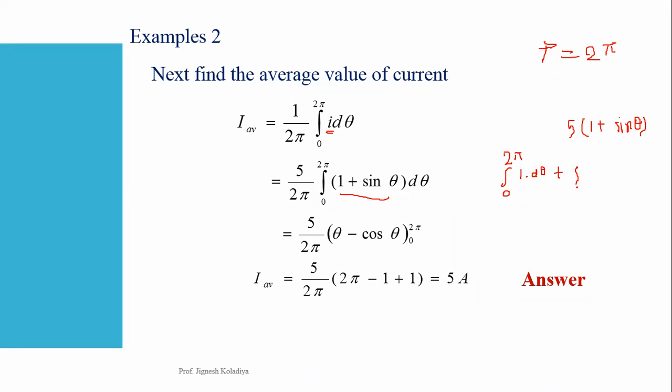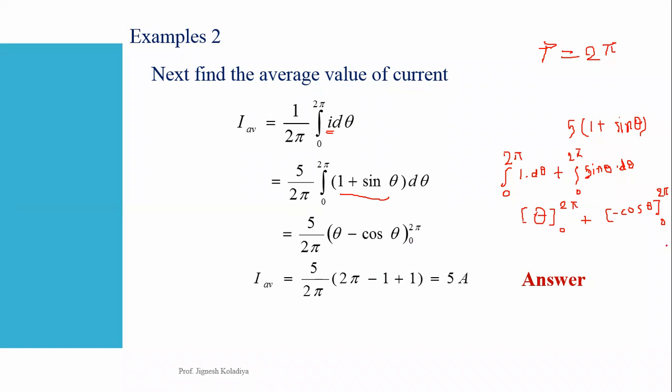plus integration 0 to 2 pi sine theta into d theta. So here, integration of d theta is theta only, and the limit is 0 to 2 pi. And here integration of sine is minus cos, and here it is 0 to 2 pi.